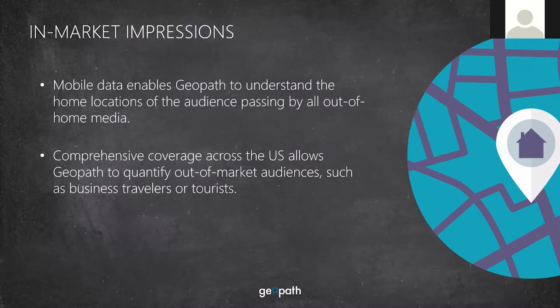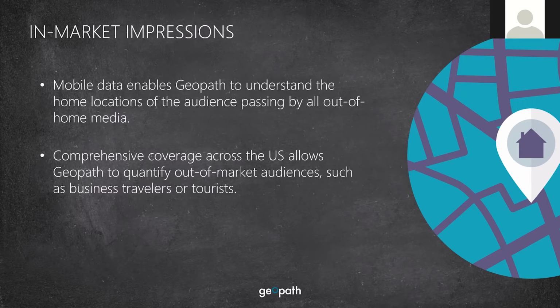So we're seeing the unique footprints, the coverage of the households of people traveling on those roadways, to get a better understanding of in-market versus out-of-market audiences. A lot of those out-of-market audiences, in many cases, are people doing long-distance trips, business travelers, or tourists.